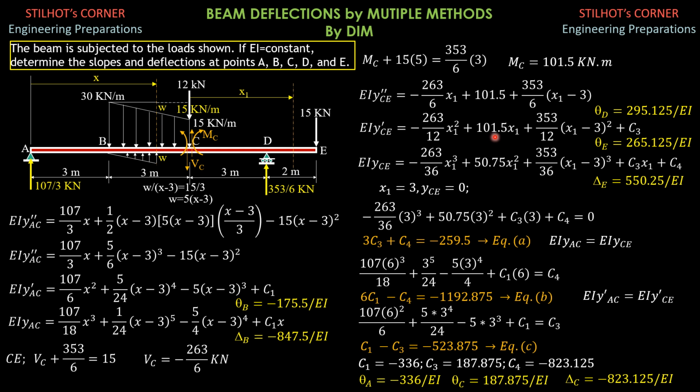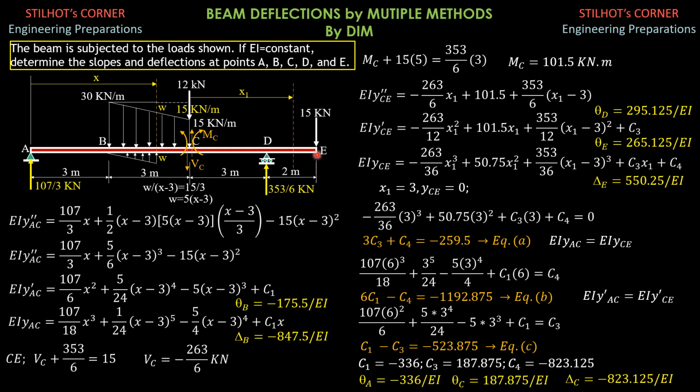Then delta B, x is 3 also into this equation, 107 times 3 cubed over 18 plus 0 minus 0 plus c sub 1, negative 336, times 3. And you'll get delta B equals negative 847.5 over EI.